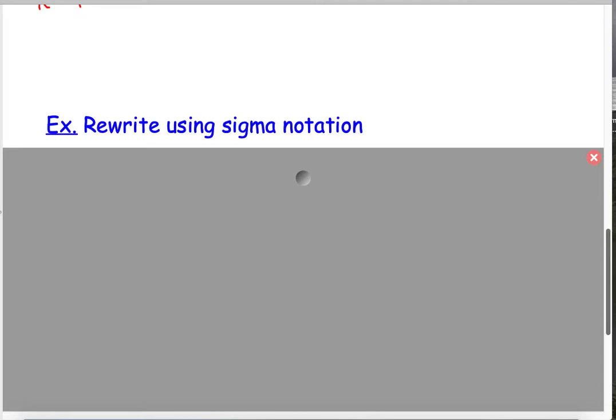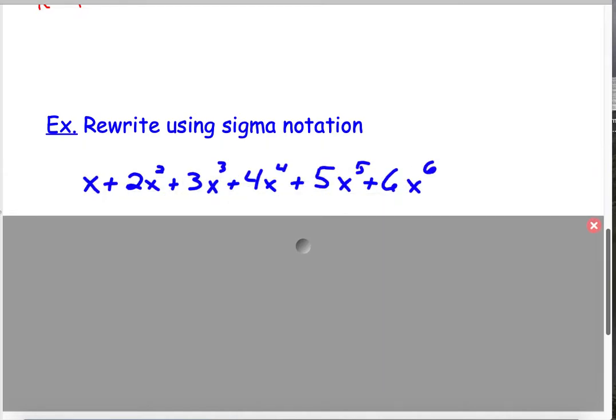The tougher part is if I give you a pattern, a series, and ask you to write sigma notation for that. For example, write sigma notation for this. What you want to do is look for a pattern where numbers are increasing by ones, because that's what the sigma index represents. If I think of this as 1x to the first power, I see a pattern here.